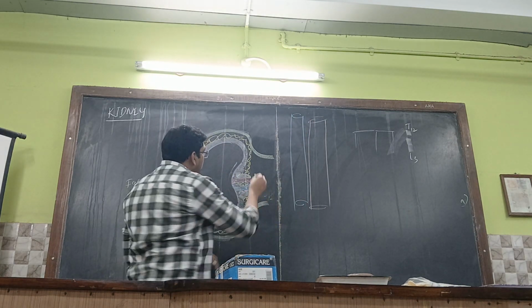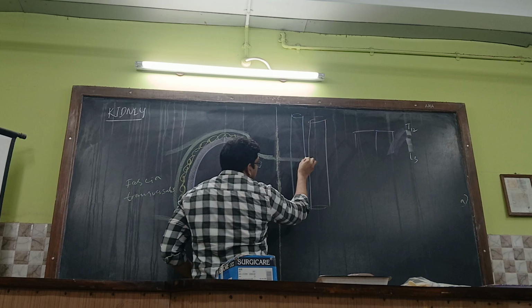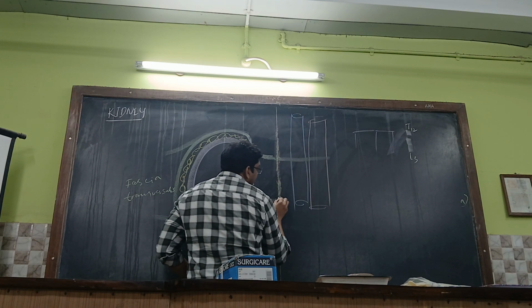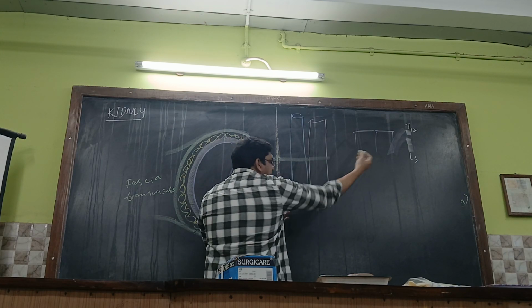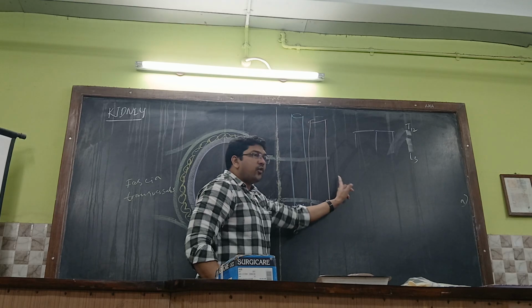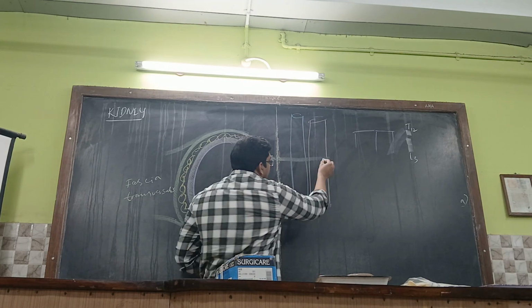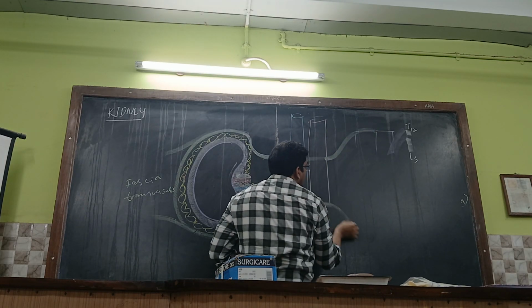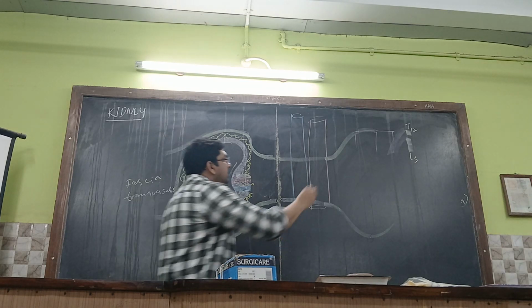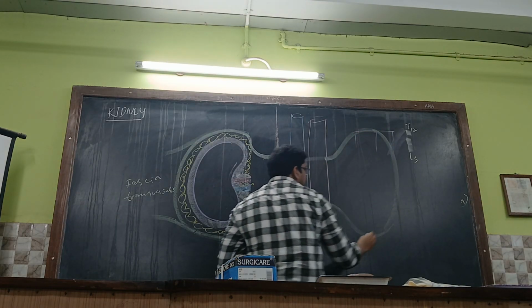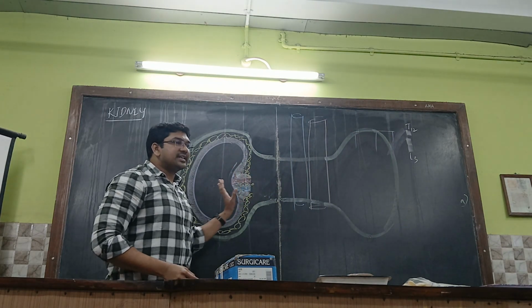This fascia will go in front of the inferior vena cava and in front of the aorta, and join with the opposite false capsule. Again, it will be continuous in this manner. So this is the left kidney's false capsule, and the communication will be in this manner.